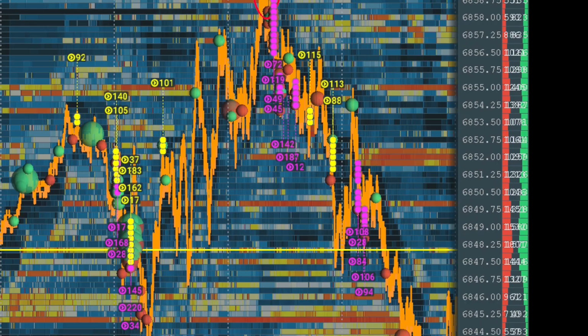You can see 2 colors of sweeps. I have set yellow for sweeps that should mean the top, and magenta for those seen at the bottom of the move. The dots show the exact place of the sweep, and the numbers are the amount of contracts involved in the sweep. The idea behind sweeps is that they often appear when a stop hunt is triggered.